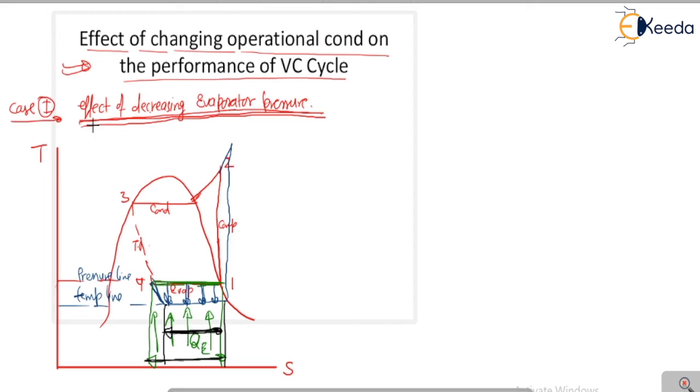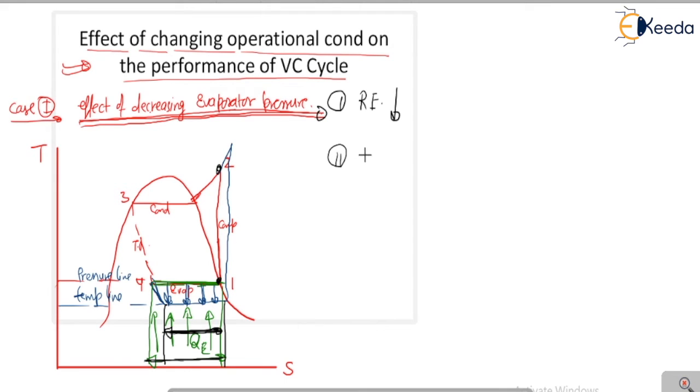So the effect of decreasing evaporator pressure is, first, the refrigeration effect decreases. Also, the work input here is only this length, but in the second case the work input increases.